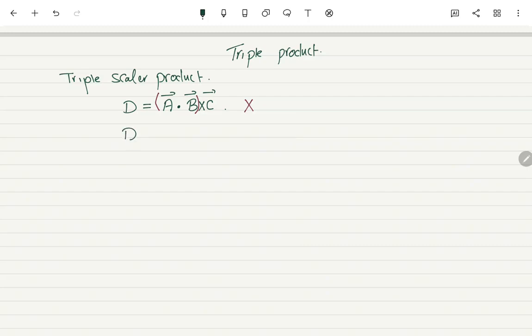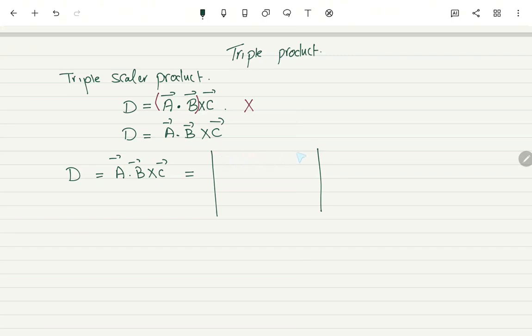From now on, D equals A dot B cross C, so the priority here is for the cross product, then the dot product. To do this, you can do this quickly by using the determinant.